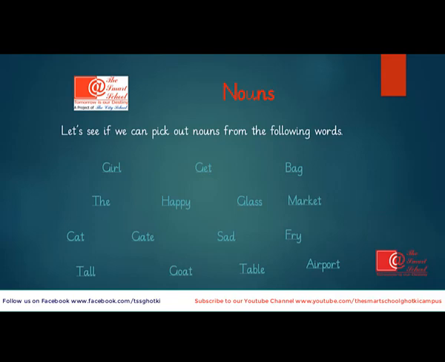Yes, cat is also a noun because it's a name of an animal. Glass. Do you think glass is a noun? Yes, because it's a name of a certain object. Well done, everyone. Well done.